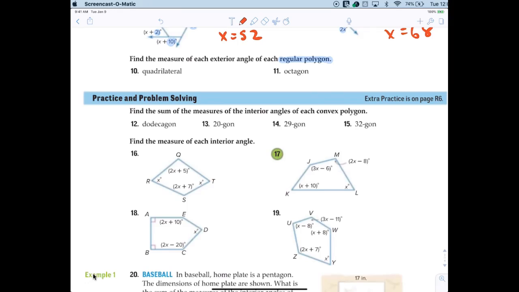Square. So the exterior angle would be how much? 90 degrees. We're talking about the exterior. That's the formula.